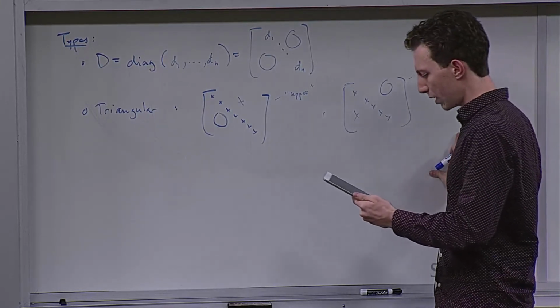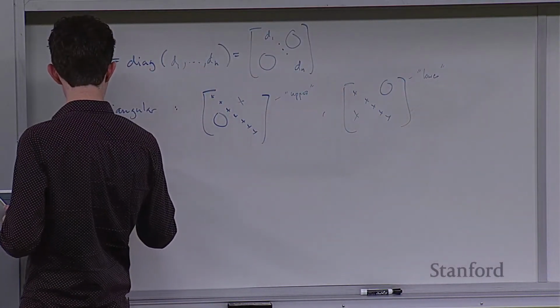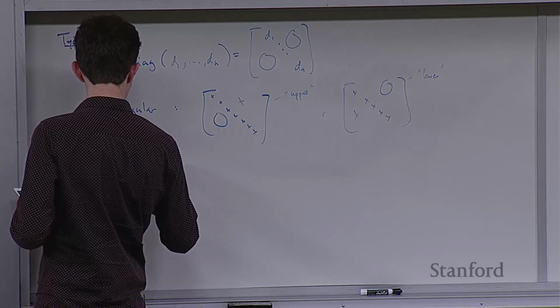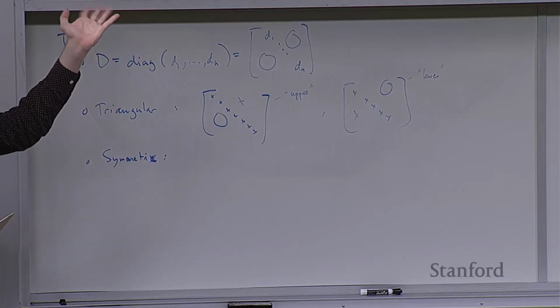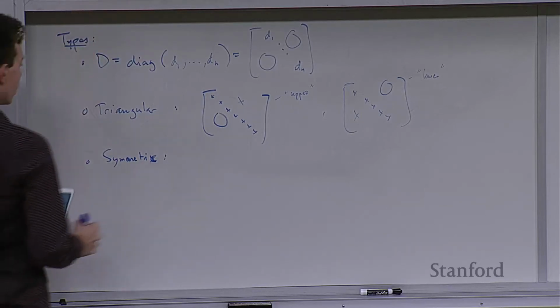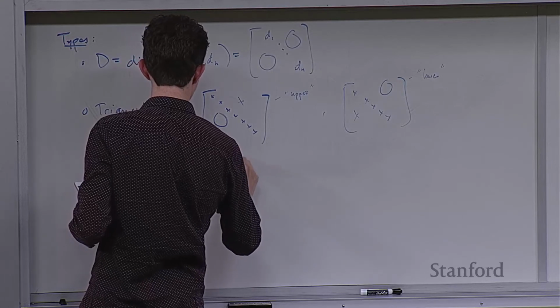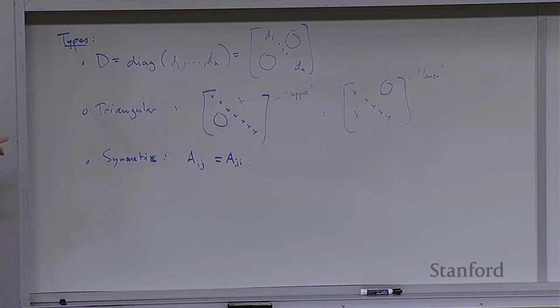Okay. The last two kinds of matrices that we're going to have are symmetric matrices. Symmetric here means symmetric with respect to this transpose flip that we were doing. The easiest way of defining it is this way: a matrix is symmetric if A sub ij is the same thing as A sub ji for every entry.